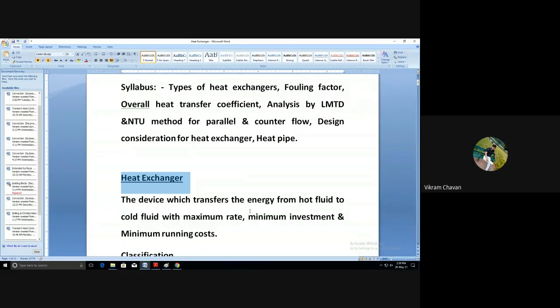If the temperature of the body increases, the temperature of the cells increases, and the cells will exchange heat to the blood, and the blood will exchange heat to the surface or the skin, and the skin will exchange heat to the surroundings. In such a manner, our body is also a good example of a heat exchanger.